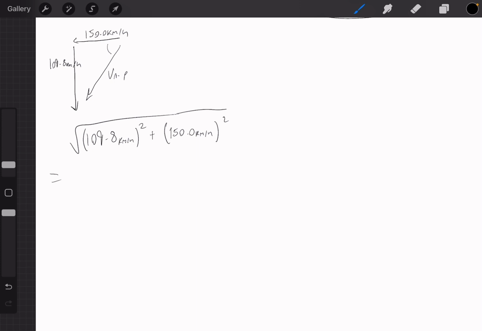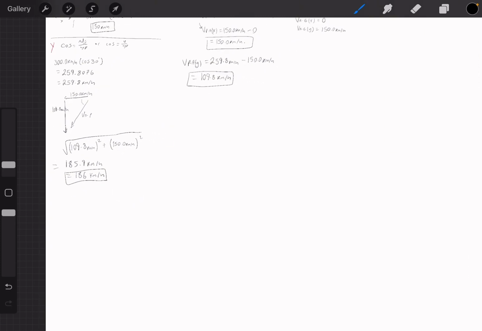That's going to be, let me put that in my calculator, 185.9 kilometers per hour, or 186 kilometers per hour. So that's the first part of our answer. Now we just need to find the angle.